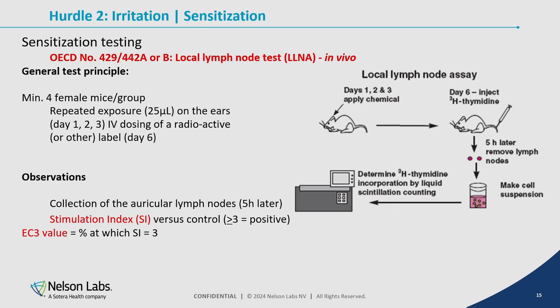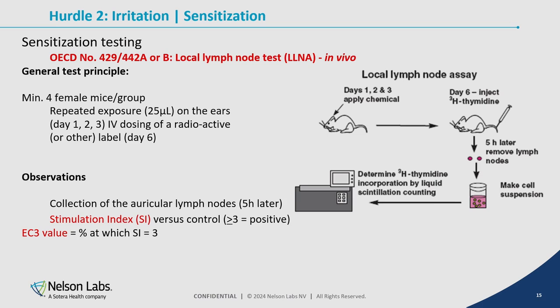So you have mice, and you have very thin ears, and you put 25 microliters on the left and right, the highest concentration possible, and you do it for 3 consecutive days to have this repeat exposure.